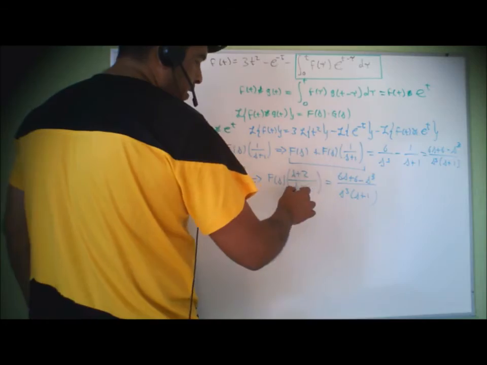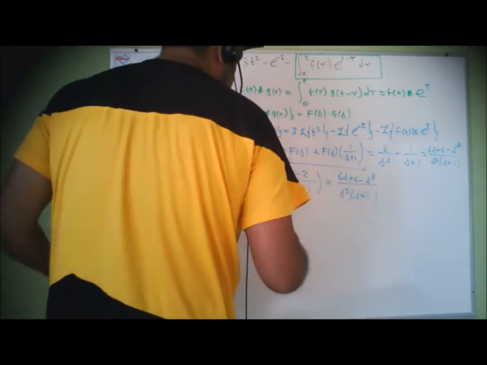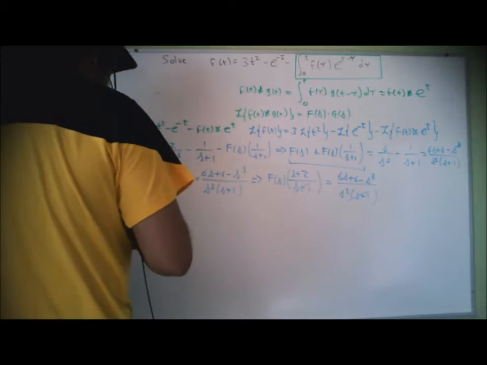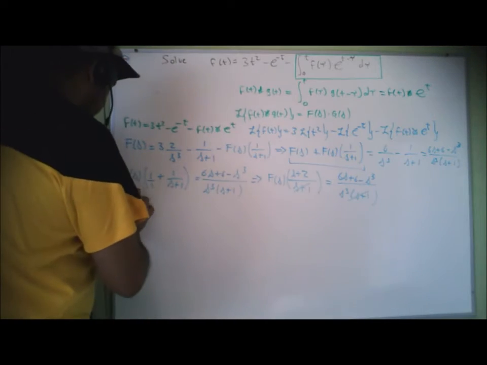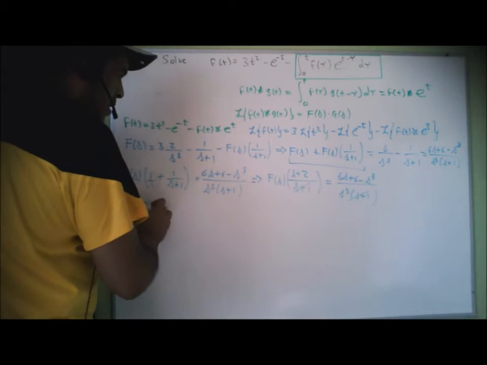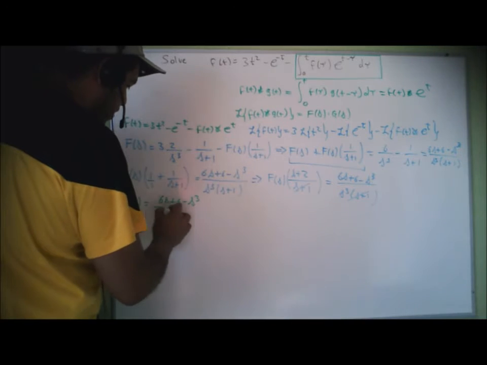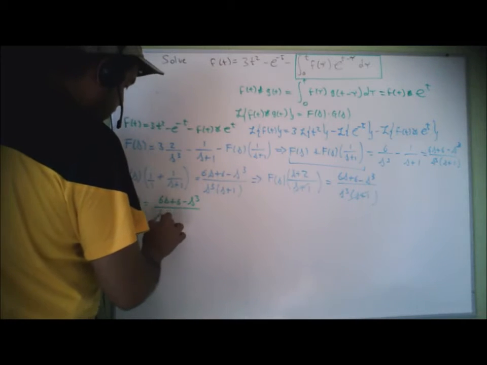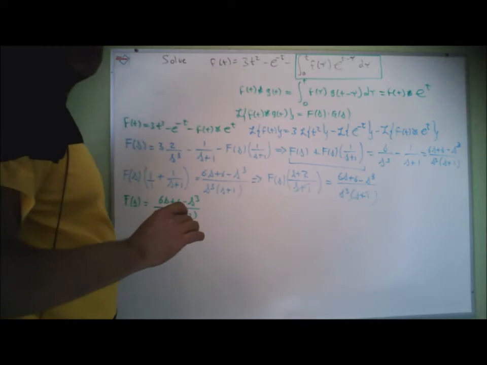Now you can see this and this cancel, so clearing F of s, it is going to be 6s plus 6 minus s to the power of 3 over s to the power of 3 times s plus 2.